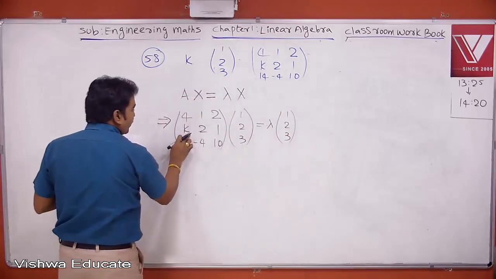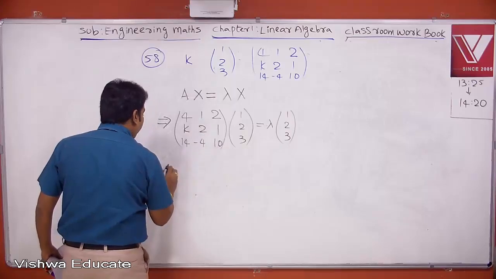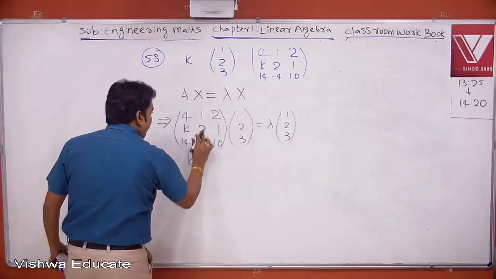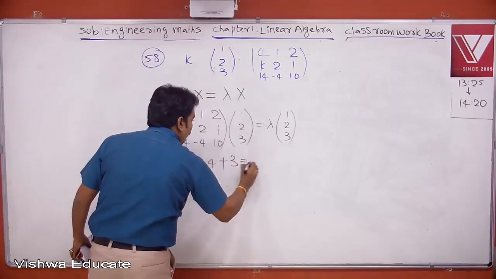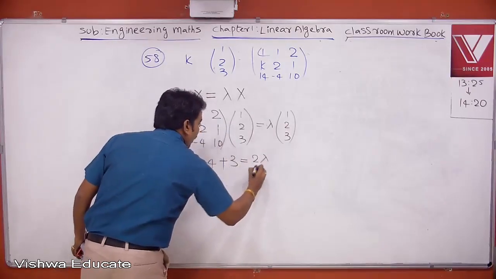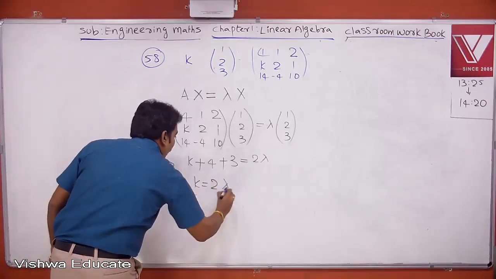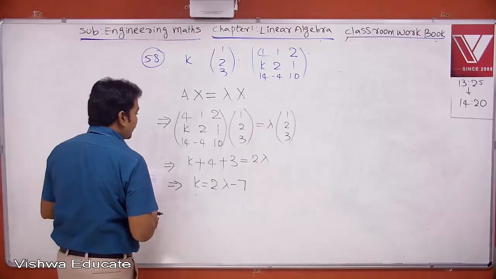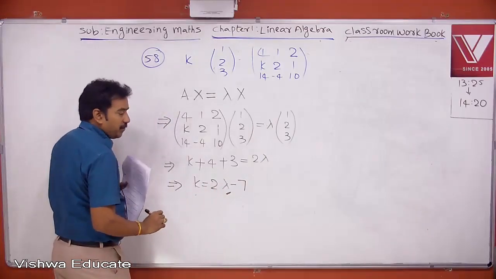Basically I want k. K is available in the second row, so expand the second row only: k into 1, k, plus 2 into 2, 4, plus 1 into 3, equal to 2 lambda. This implies k equals 2 lambda minus 7. So once you get lambda, only then can you get the value of k.